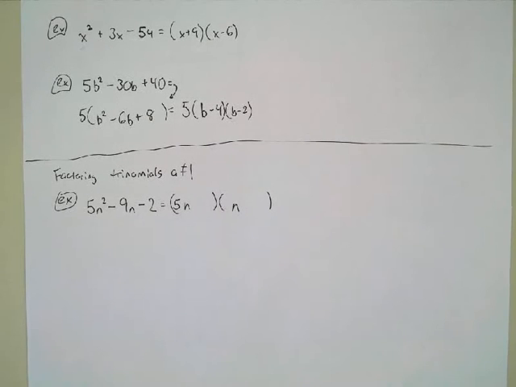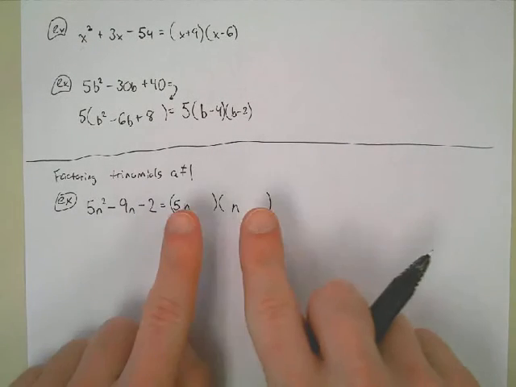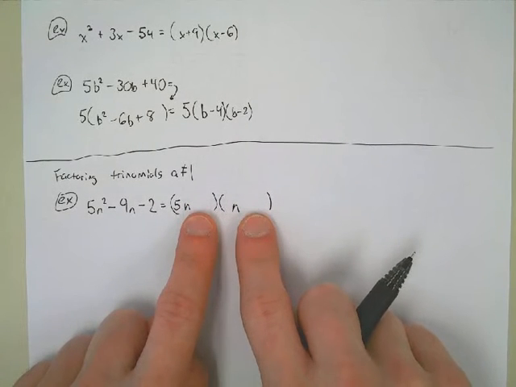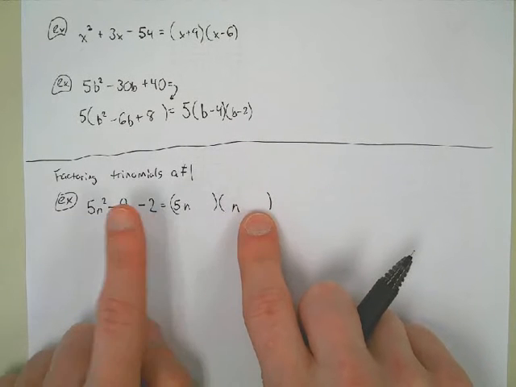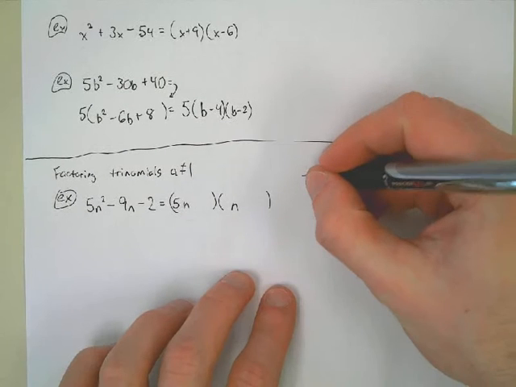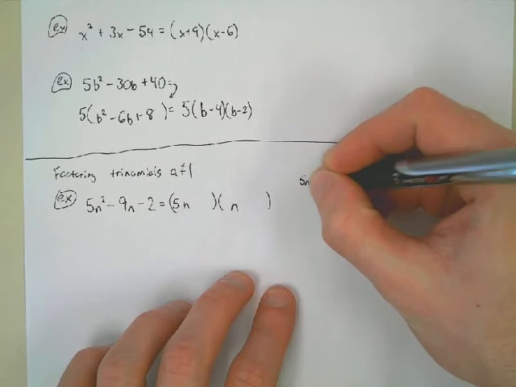And then these 2 numbers over here, what do they have to multiply to be? Yeah, these 2 numbers still have to multiply to make negative 2. So that means I could write 5n minus 1, n plus 2.